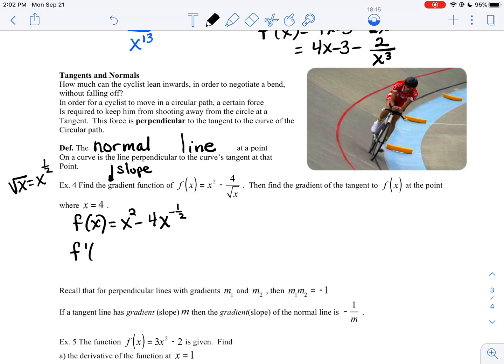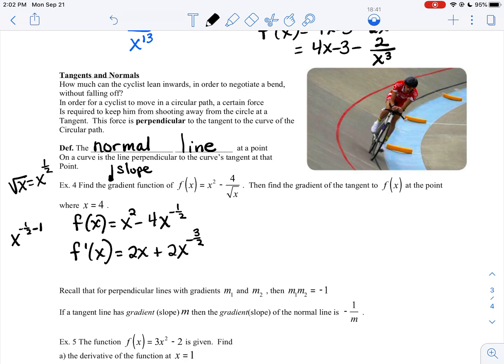So what it's asking me is to find, when it says find the gradient function, that's another way to say find the derivative, okay? So that'll be 2x. When I bring down the negative 1/2, that becomes plus 2, and then that's x to the negative 3/2 power. So if you need a little bit of help with that, let me do it off to the side here. You would decrease the power by 1, okay?